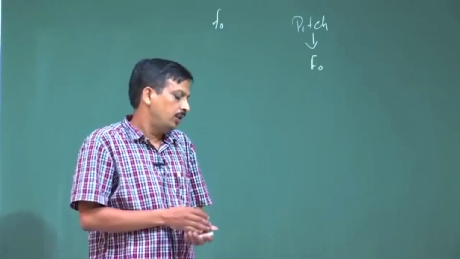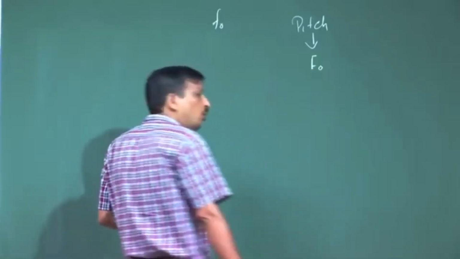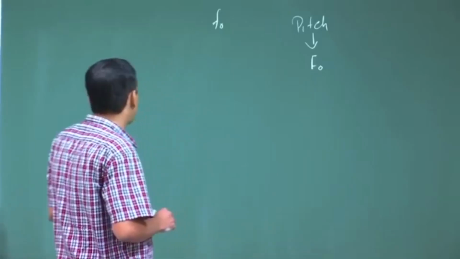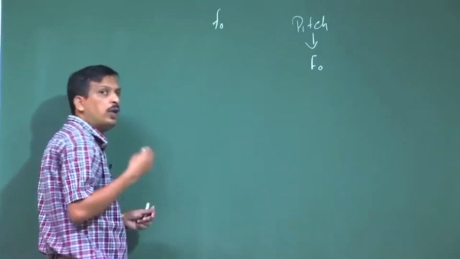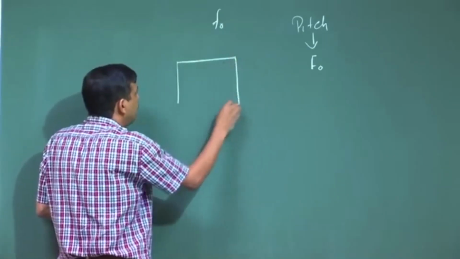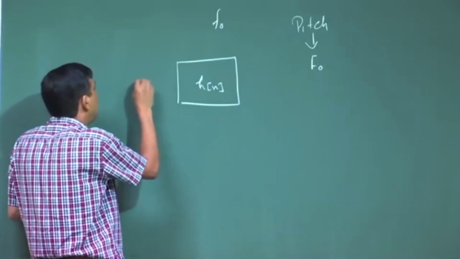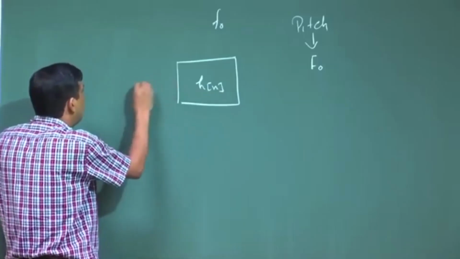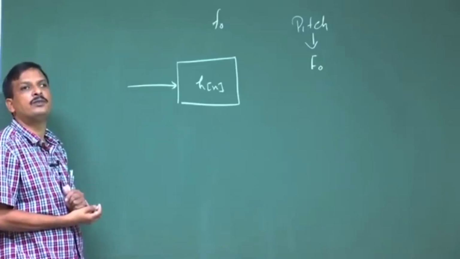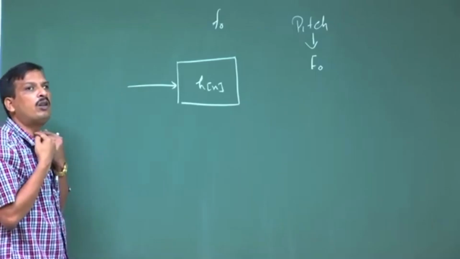Okay. Now, if you remember my tube modeling lectures and LPC lectures, what we said was that when a human being produces speech, there is a vocal tract transfer function, which is H(n), and the input is called glottal excitation. In glottal excitation, either the vocal cord is closed or the vocal cord is open.